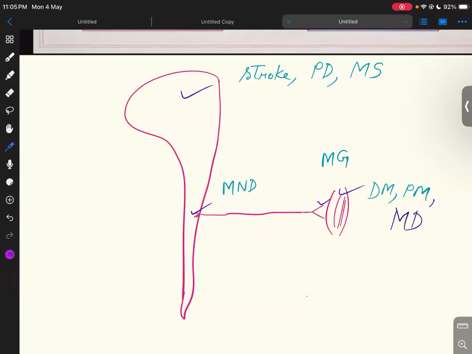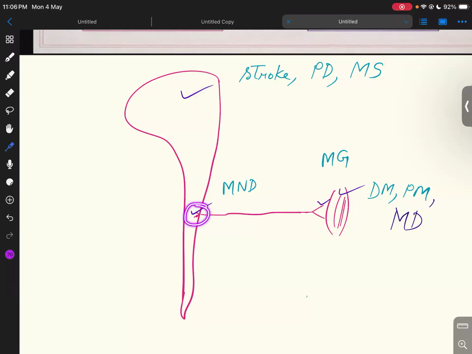Let me give you some example. In the brain, if the patient has any stroke, like the lateral medullary syndrome, patient can have neurological dysphagia. It can happen in case of advanced Parkinson disease or in case of multiple sclerosis. All of them are the CNS pathology.